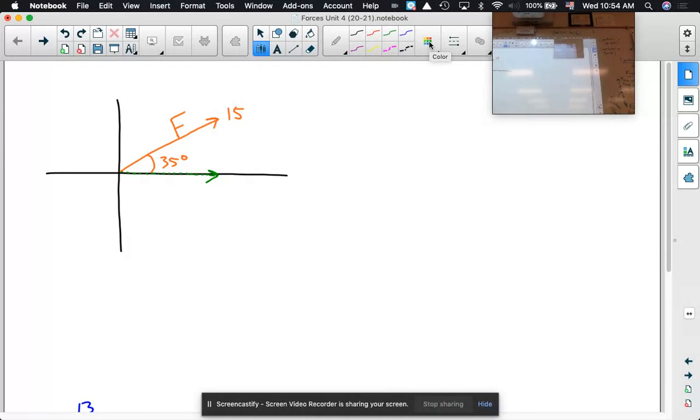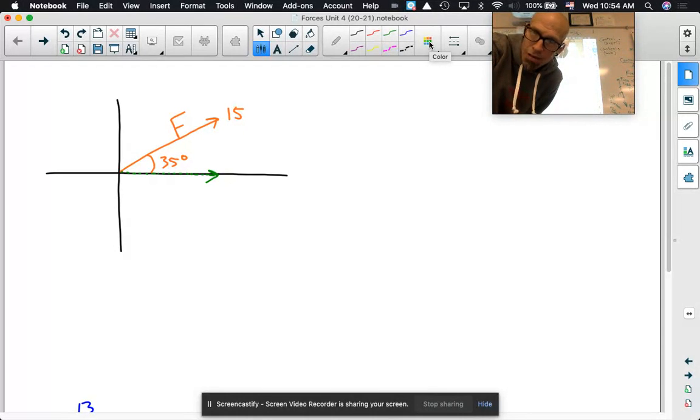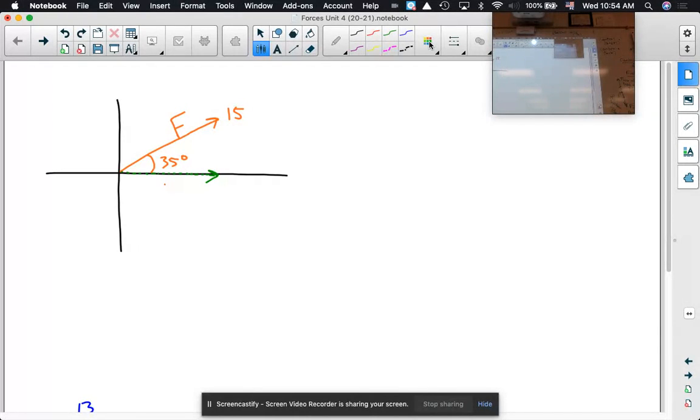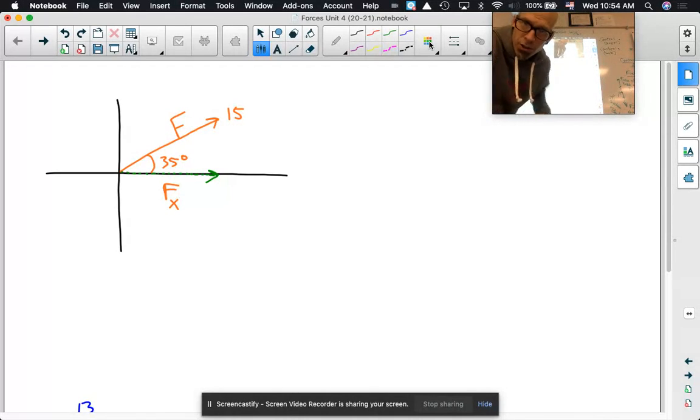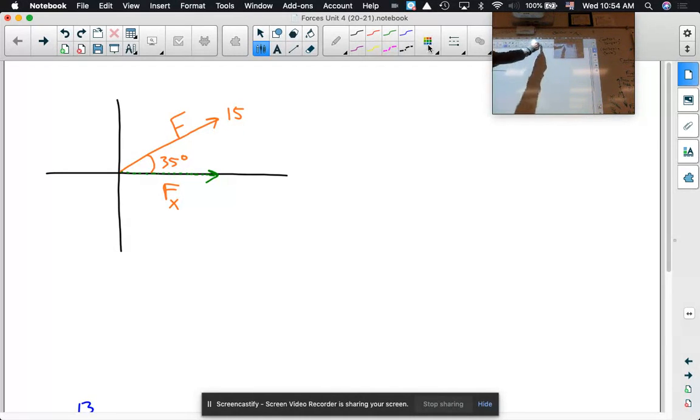Let's call it F because we're talking about forces. So we're going to just pretend it's a force. It's F. Okay. So that means a certain amount of F is in the horizontal dimension here. I might call that Fx. That's the amount of the F vector, the value that's actually horizontal. And then there's also a vertical part.